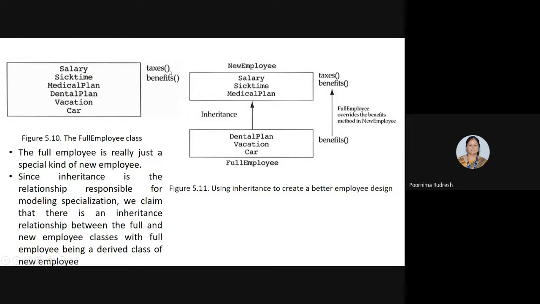Now we have to modify some part of the code in the taxes method and in the benefits method, because in the taxes method, as the employee becomes permanent, their salary is going to change. Along with that, they are going to get more benefits. So we have to modify the benefits code, because they are going to get three additional benefits: dental plan, vacation, and the car.